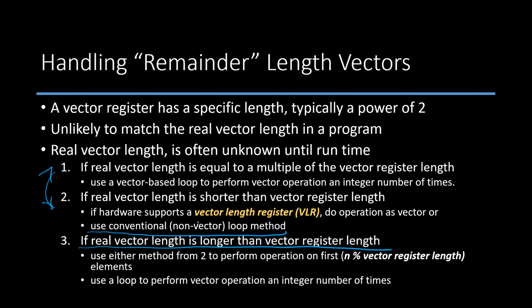But you could also use this vector length register. So we start out typically with number 2 in order to clean up or fix the length of our vector so that it'll fit in a vector register. And then once you've made the remaining elements a multiple of the vector register length, then you just go ahead and do number 1. So you start with number 2, then you do number 1. All right.